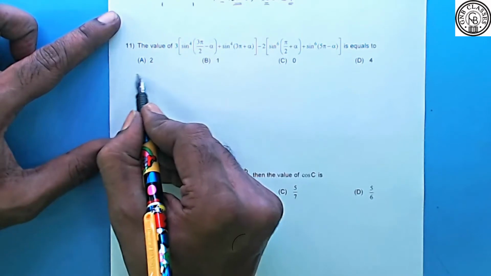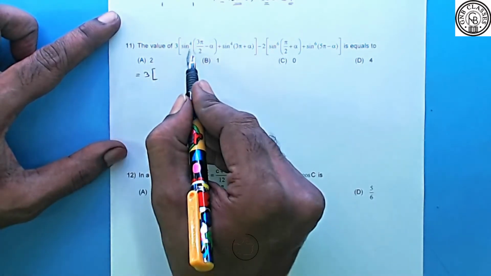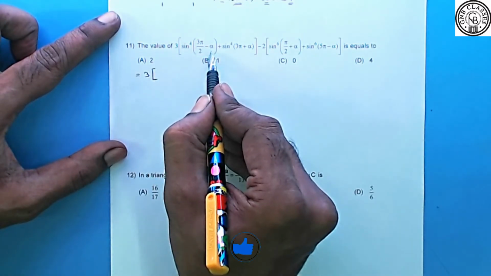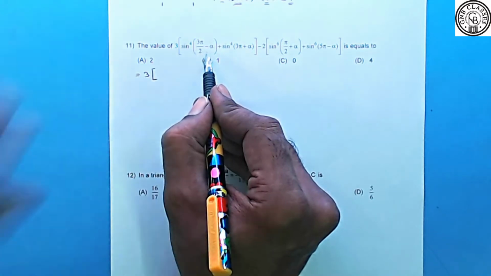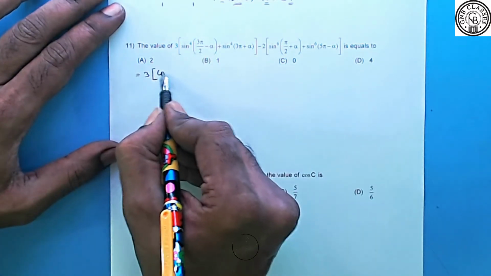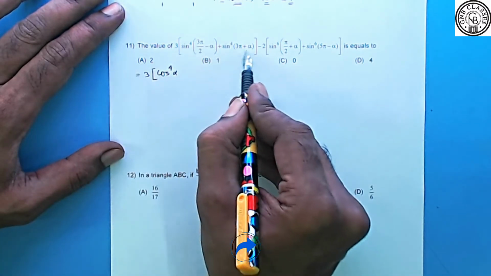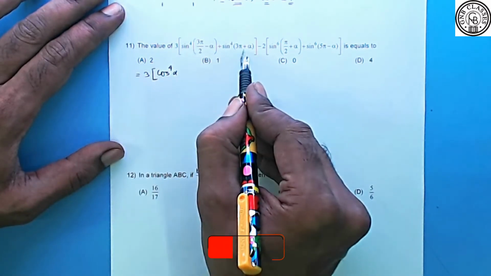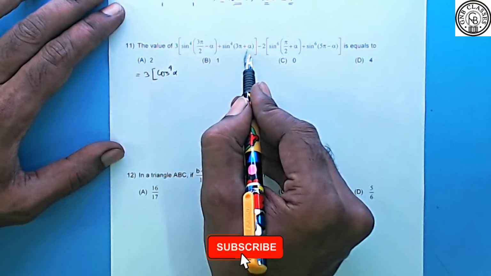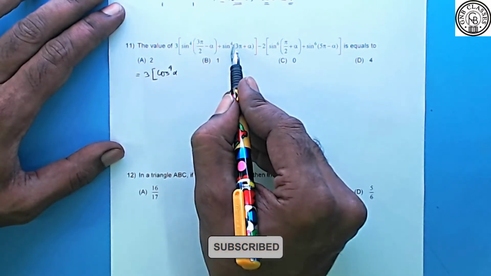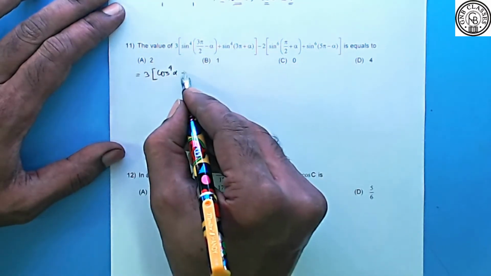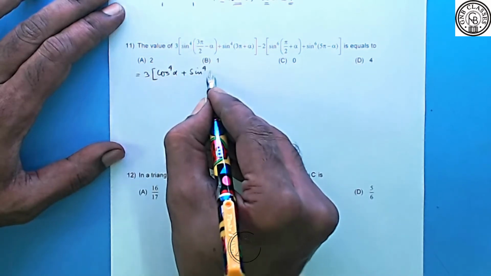The given expression can be written as: 3 sin 3 pi by 2 minus alpha will give you minus cos alpha. So it will be cos to the power 4 alpha only. Sin to the power 4 of 3 pi plus alpha: this one will give you minus sin alpha, but since 4 is there in the exponent, it will be sin to the power 4 alpha only.